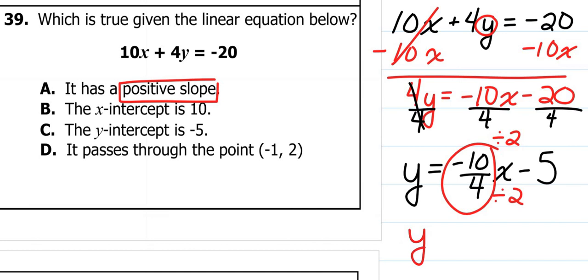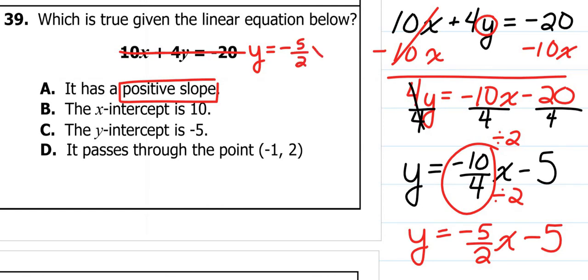So I get y equals negative 10 divided by 2, which is negative 5, over 4 divided by 2, which is 2, x minus 5. Okay, so that is my converted equation now. So now it's y equals negative 5 over 2, x minus 5.